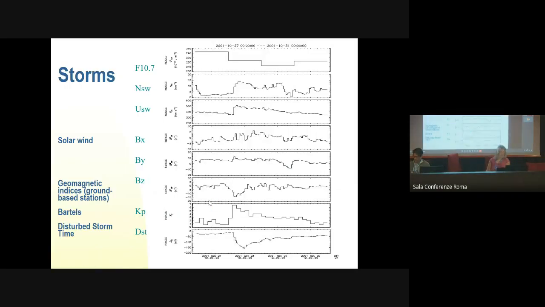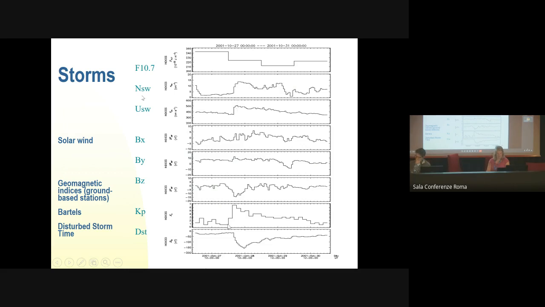So typically, when you have a storm, you have to look at the parameters of the solar wind. Here, for instance, you see the number density of the solar wind. You can see a sharp increase here, associated also to a sharp increase of the bulk velocity of the solar wind. This generates a storm.